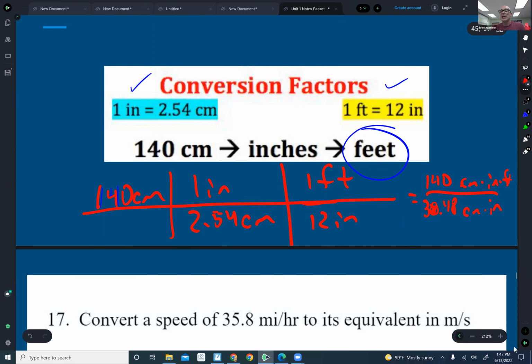Well, notice in this, my centimeters canceled, my inches canceled, and I'm left with my answer, which is what I wanted in feet. So now I've got 140 divided by 30.48. And what I get is this big long answer, 4.5931759.